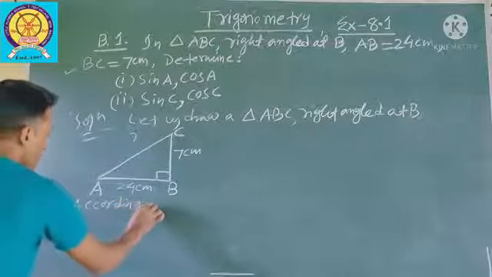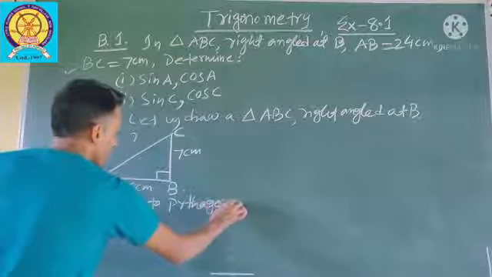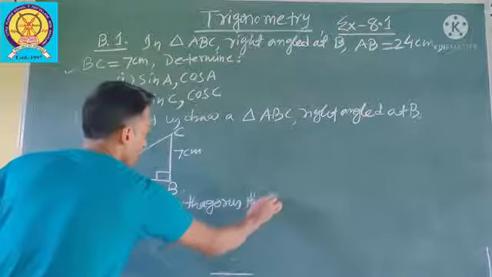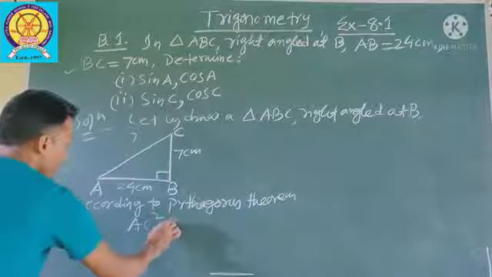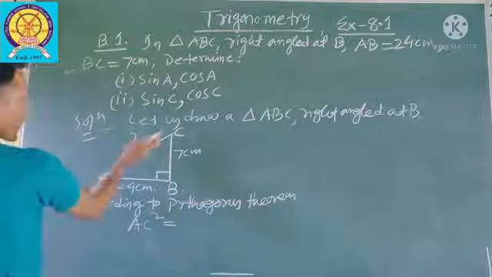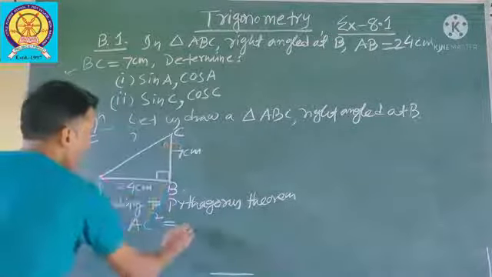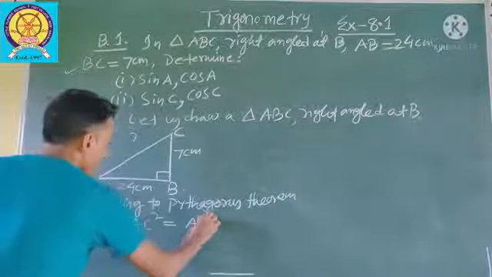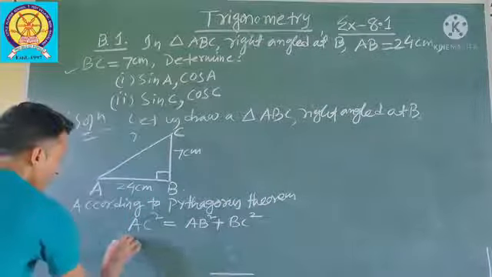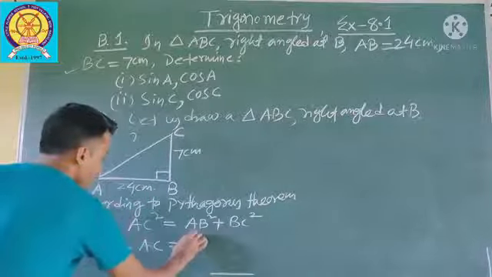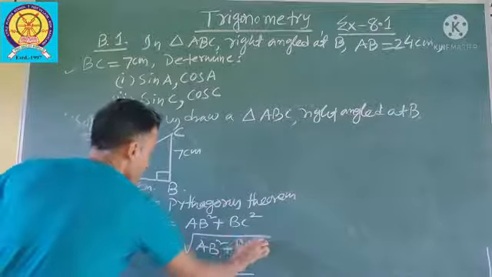According to Pythagoras theorem, we know the hypotenuse square is the sum of the squares of the other two sides, AB square plus BC square. Therefore AC is equal to the square root of AB square plus BC square.